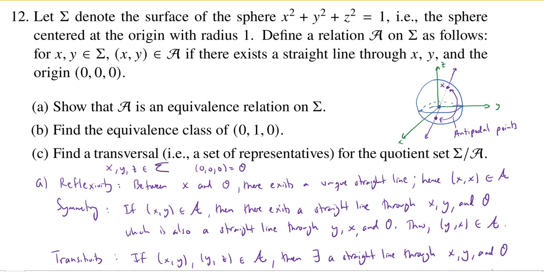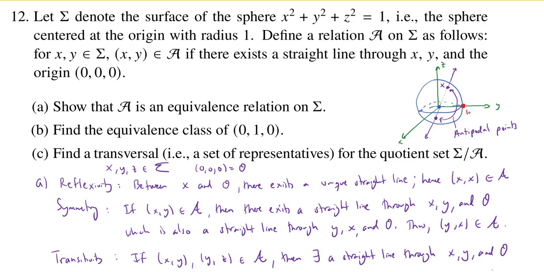Therefore, we get transitivity, and we conclude we actually have an equivalence relation. Okay, so we had some other questions though. We wanted to find the equivalence class of (0, 1, 0). Let's get a nice red dot here. That point is at 1 on the y-axis and 0 on the x and z axes. To get the equivalence class, we want to know all of the points on the sphere that are related to (0, 1, 0). But what does it mean to be related?